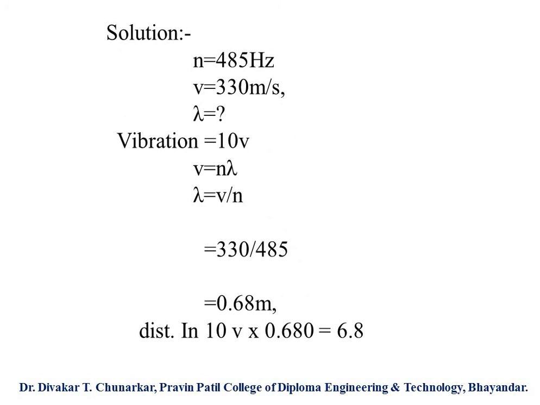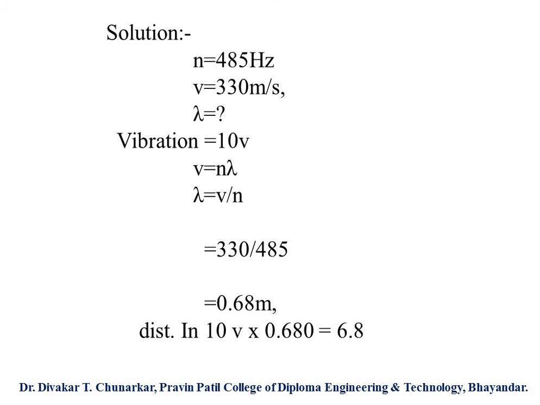Our solution: given n is the frequency, 485 Hz, v is the velocity, 330 meter per second, and lambda is the wavelength. Vibrations equal 10. v equals n lambda is our formula, the relation between v, n and lambda. So lambda equals v upon n.